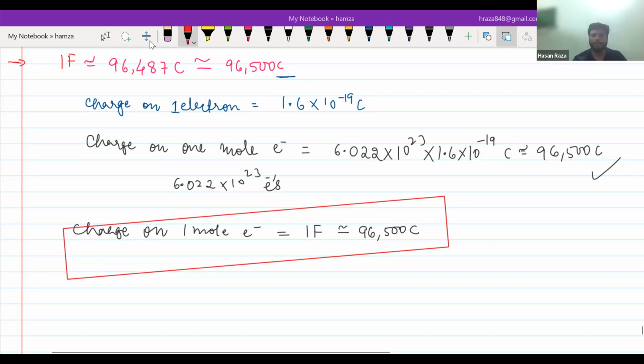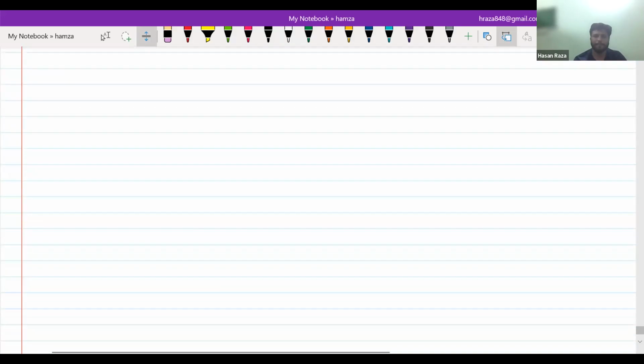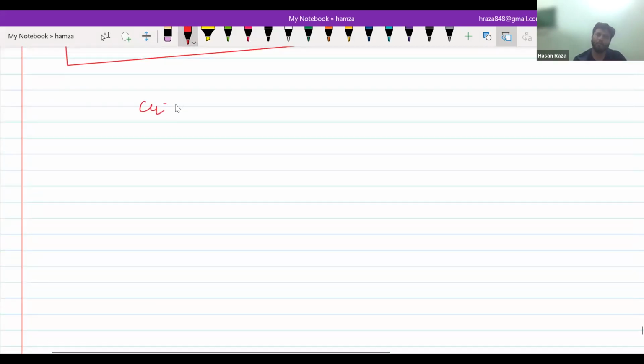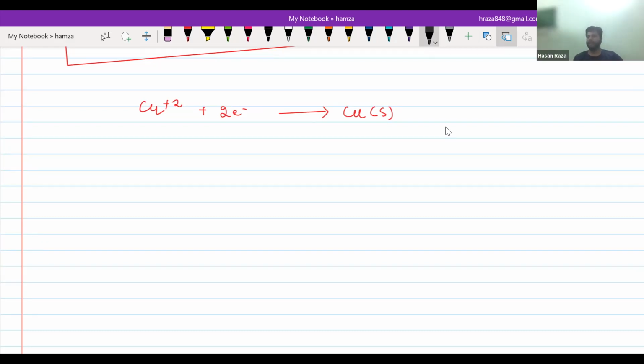Sneha, now see, I told you that in the previous question, you have seen that Cu2+ will gain 2 electrons and it will be converted into copper solid. Yes or no? Yes, sir. Now, in class 11th, you have studied stoichiometric calculations.